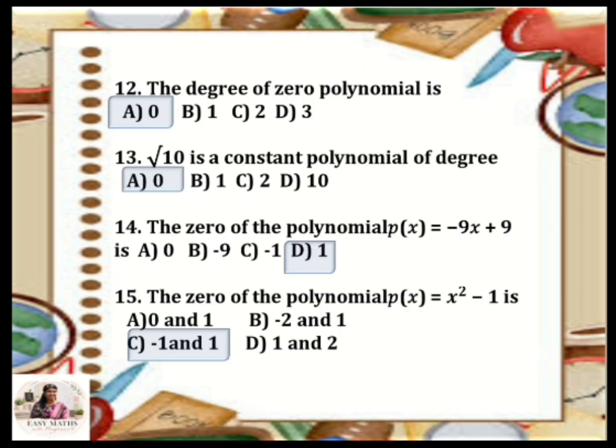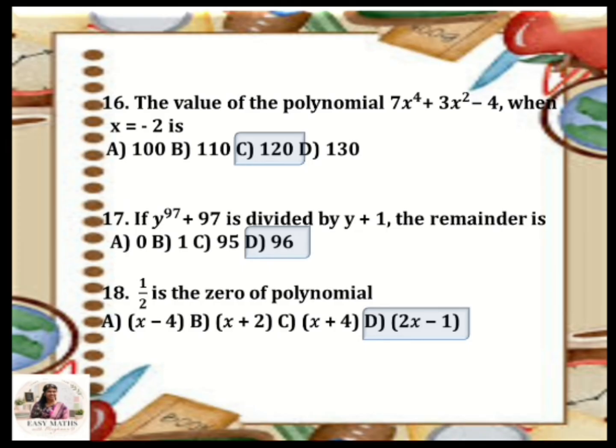Therefore, x plus 1 is equal to 0, x minus 1 is equal to 0. Then you can write x is equal to minus 1 and x is equal to 1. Therefore, the zeros of the polynomial are minus 1 and plus 1. That is option C, the answer of 15.